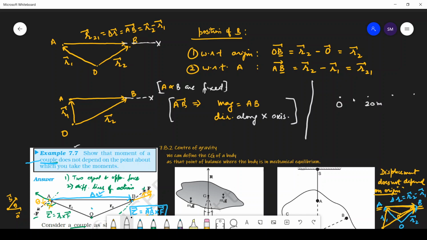This is O, A, B, C. This is 50 meters and this is 75 meters. Now I have moved from B to C. So B to C. Now what is my displacement?